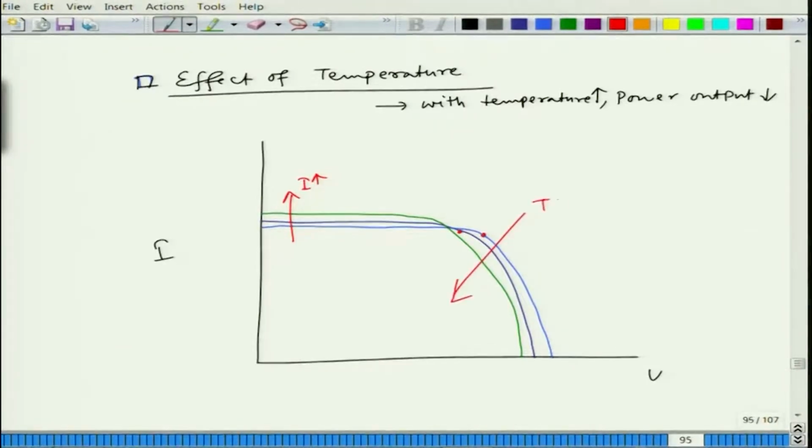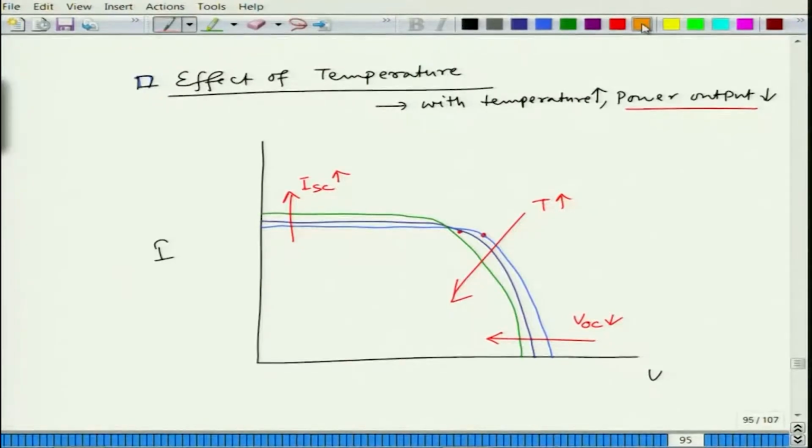Temperature increase is happening in this direction, and voltage VOC is decreasing with temperature increase, and that is how the power is ultimately decreasing with increase in temperature.